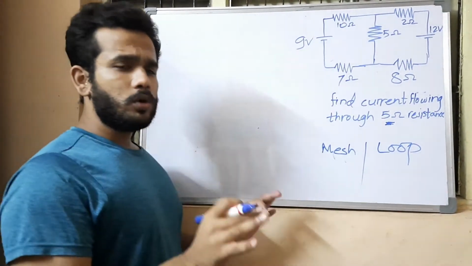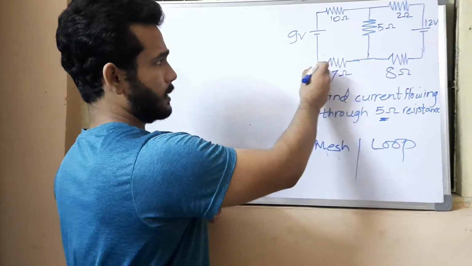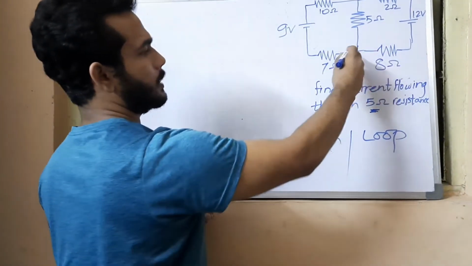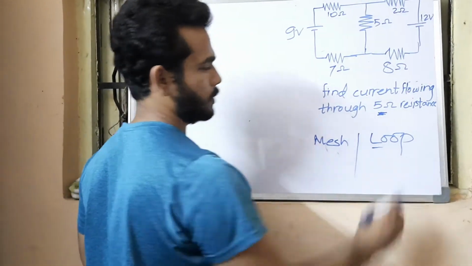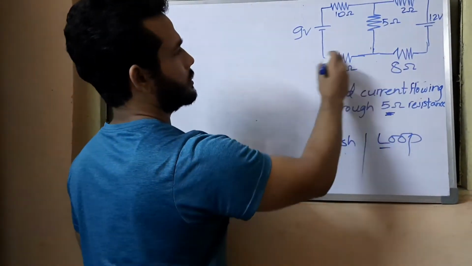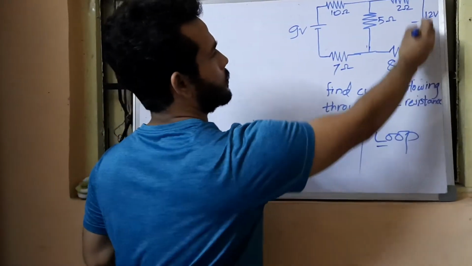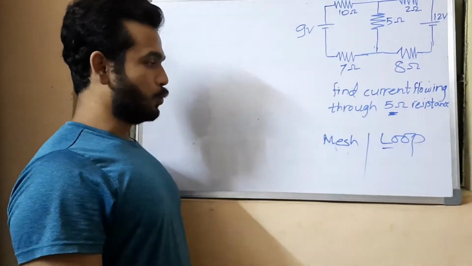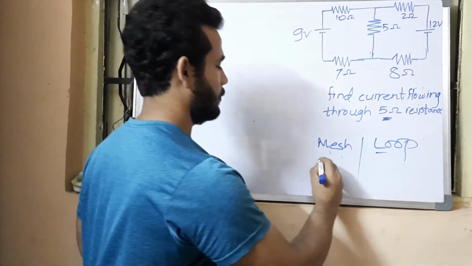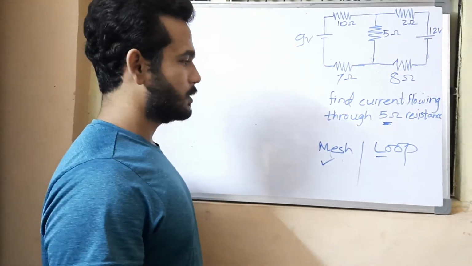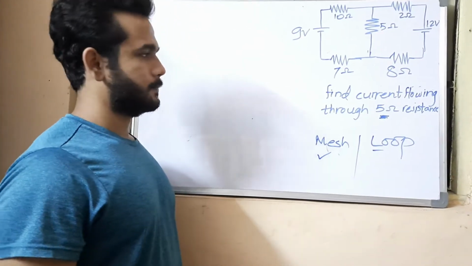A closed path in a circuit is called a loop. And the smallest loop is called a mesh.